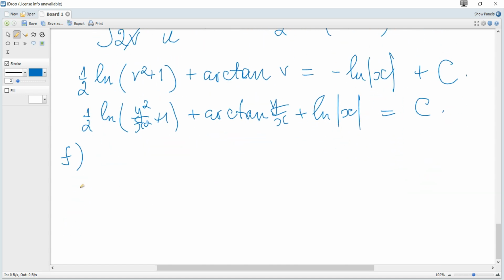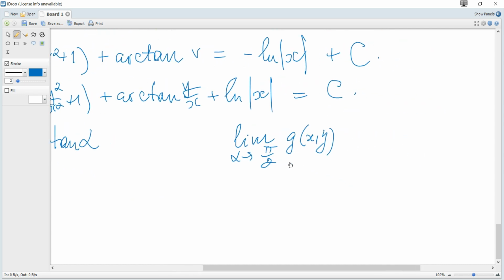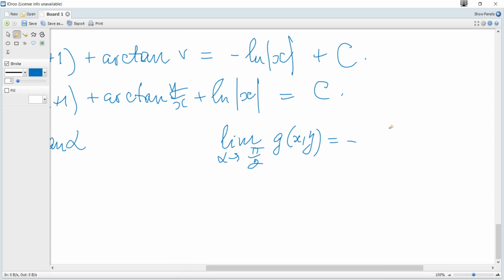By considering limit when alpha tends to pi over 2 of tangent alpha, show that for all finite f of xy, the limit as alpha tends to pi over 2 of g is equal to negative 1 over f.